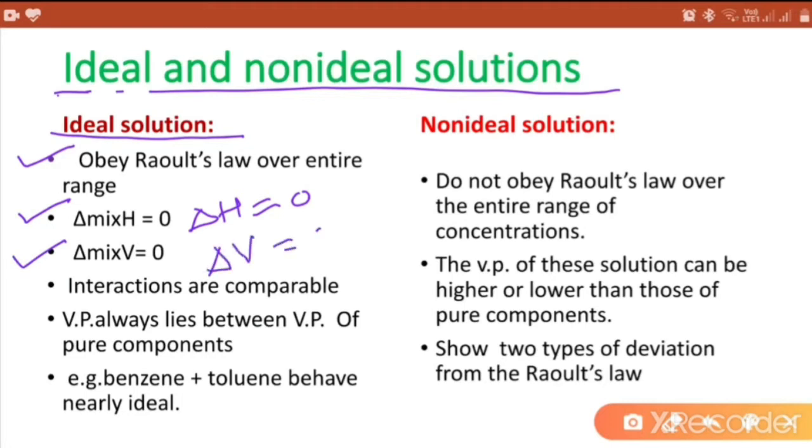Delta V is zero. There is no change in the volume when two components form an ideal solution.